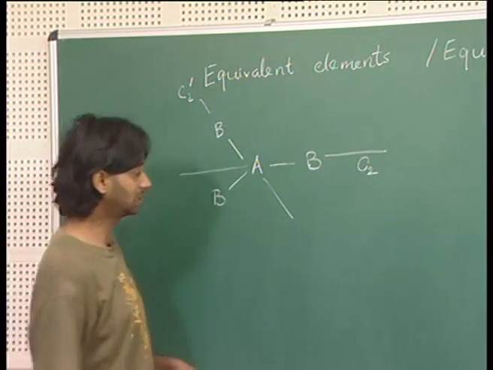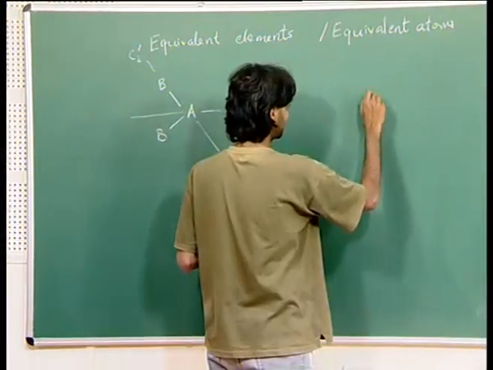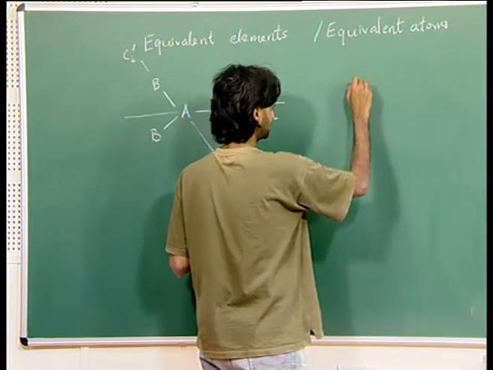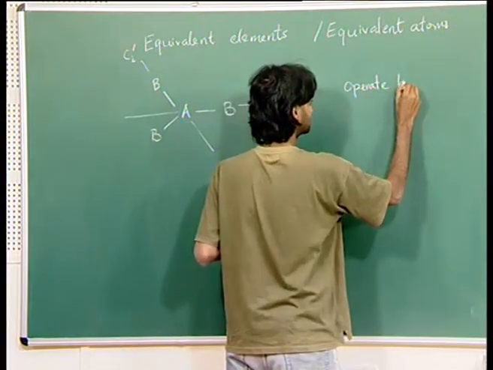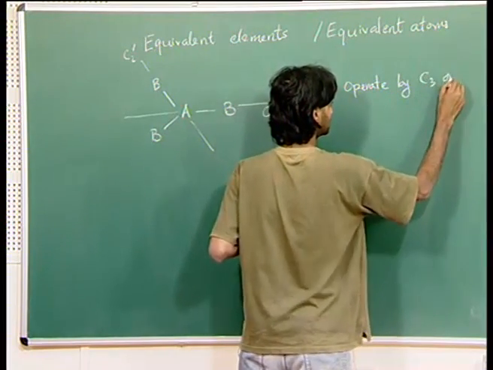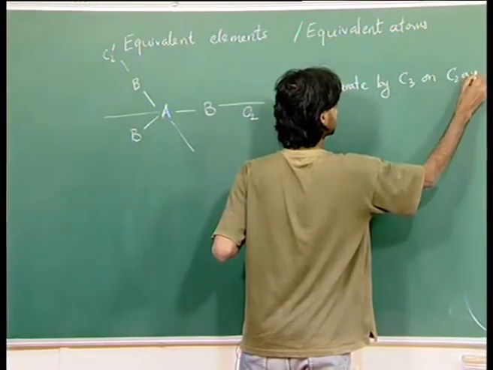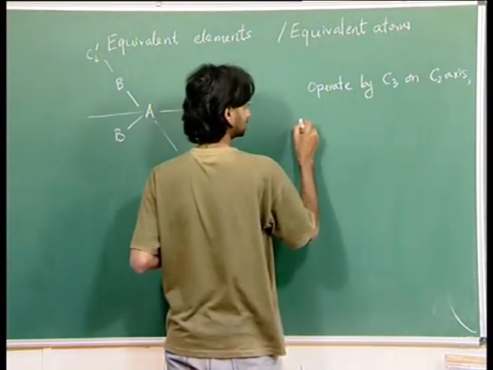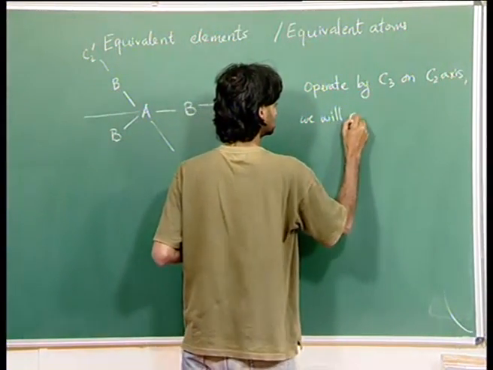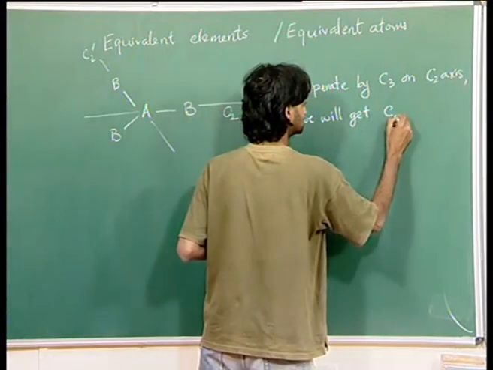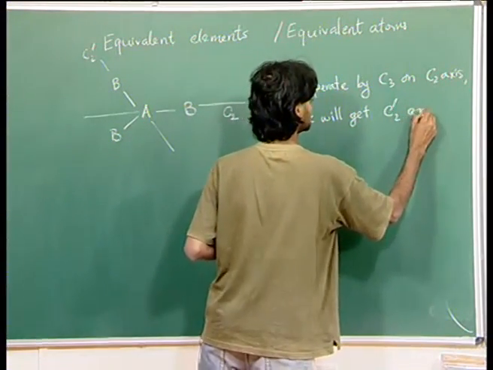So, in other words, if I operate by C3 on the C2 axis, we will get the C2 prime axis.